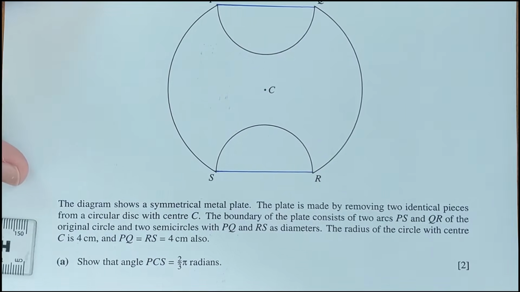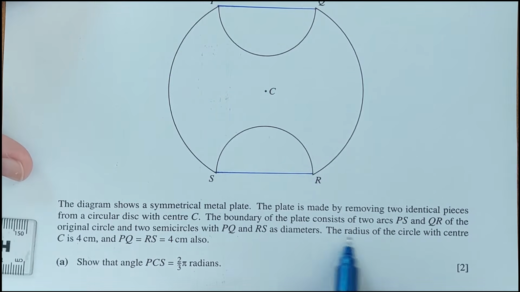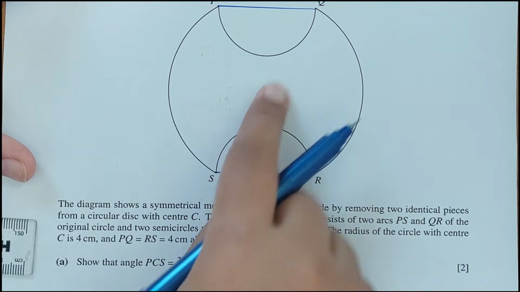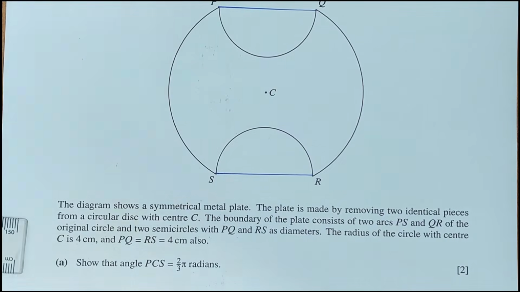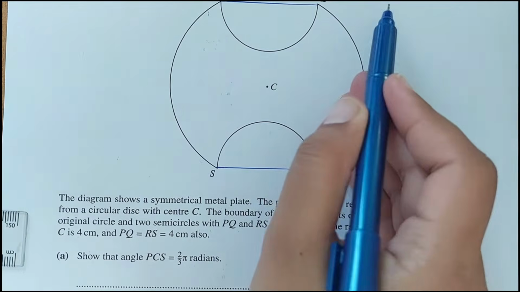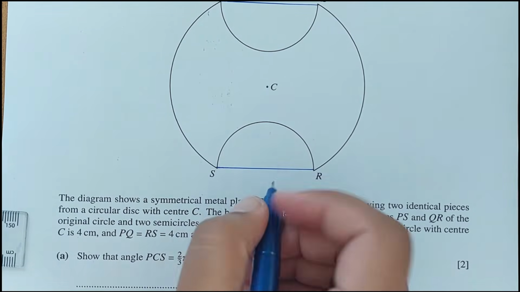Okay, now the next part says the radius of the circle with center C is 4 centimeters, right? So from center C to any point on the circumference of that circle, this is 4 centimeters, and PQ and RS are also 4 centimeters.